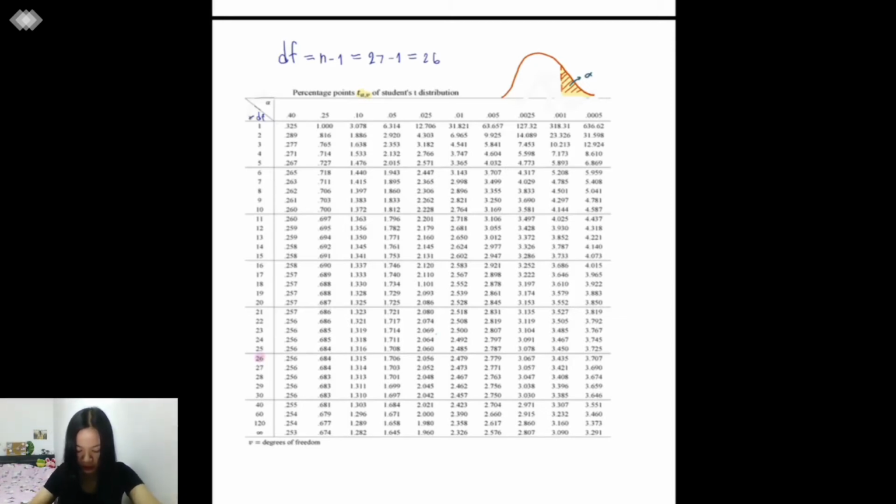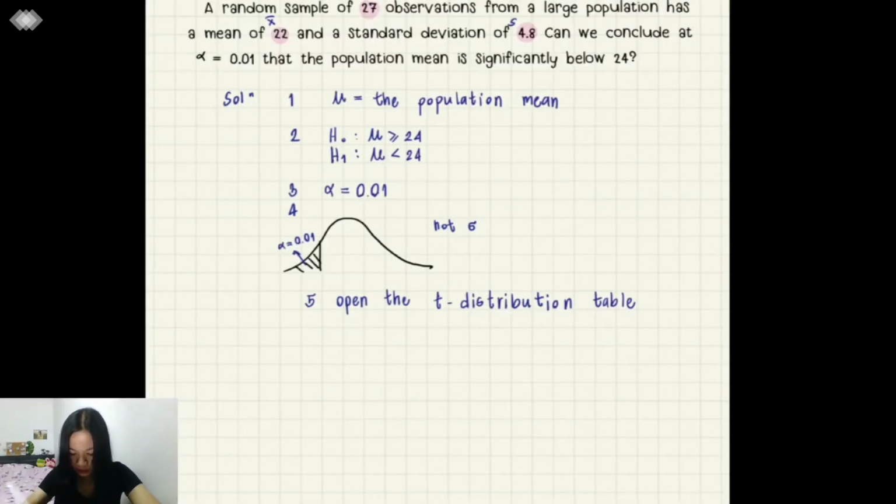Since we are conducting a one-tail test and alpha equal 0.01, the corresponding critical value will be 2.479. But because this is a left-tail test, it will actually be negative 2.479.